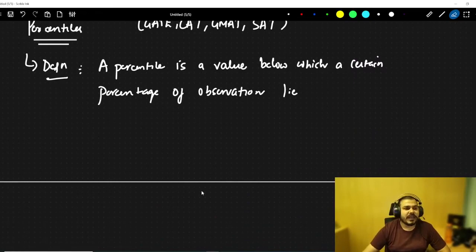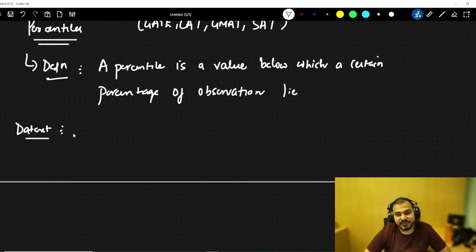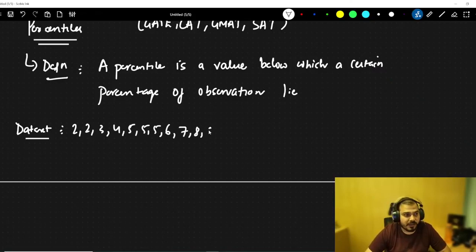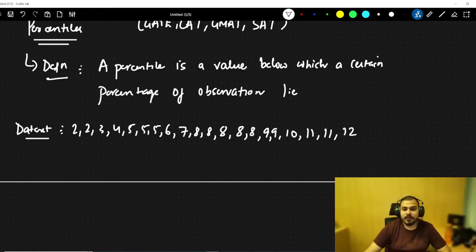Let me take a very good example and show it to you. Suppose I have a data set, and inside this data set I have elements like 2, 2, 3, 4, 5, 5, 6, 7, 8, 8, 8, 9, 9, 10, 11, 11, 12. Let's consider that this is the set of elements that I have.